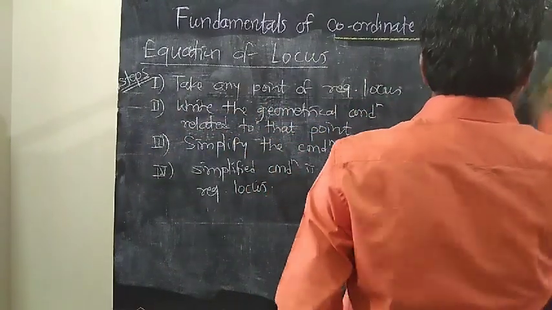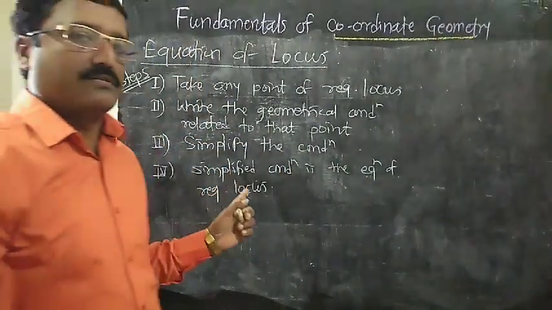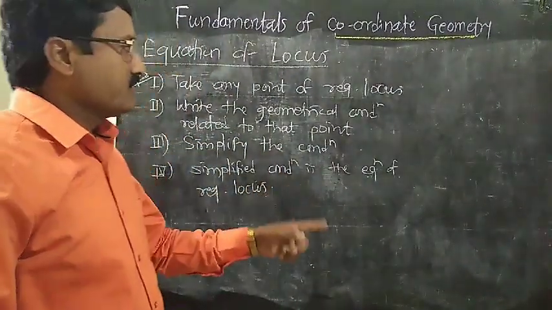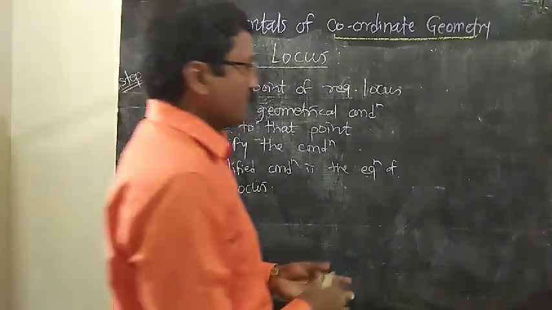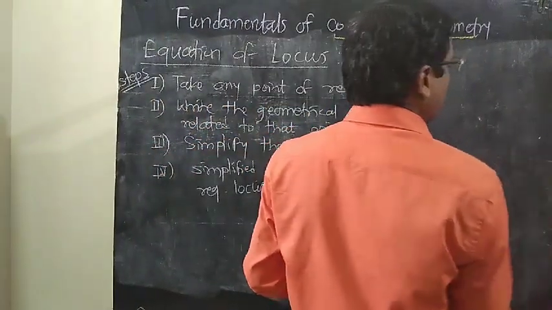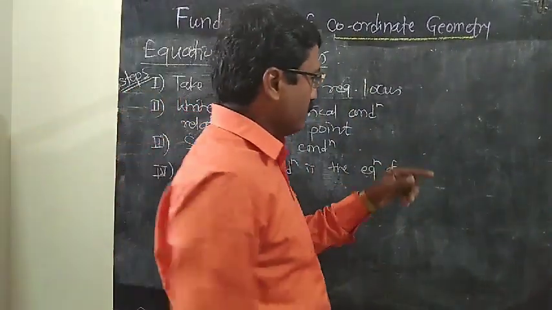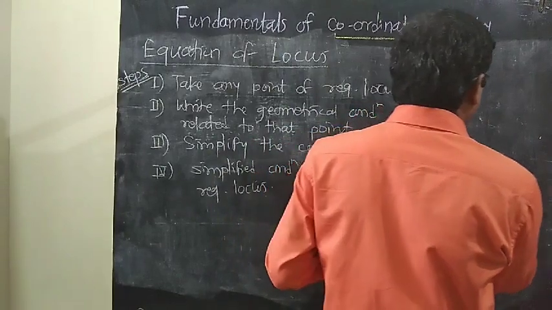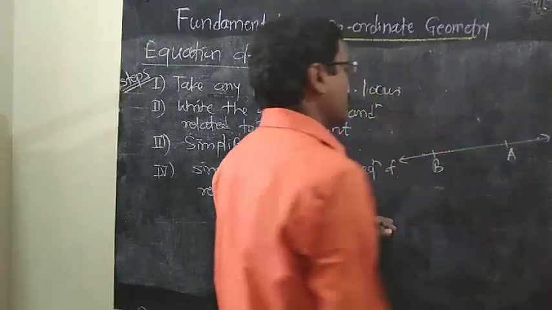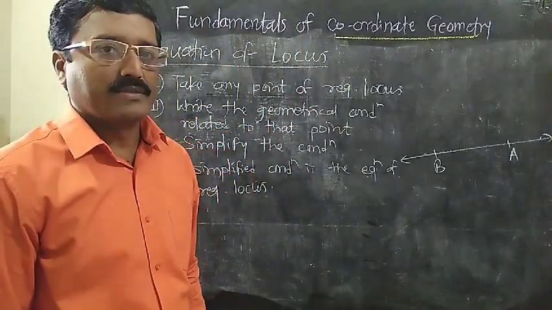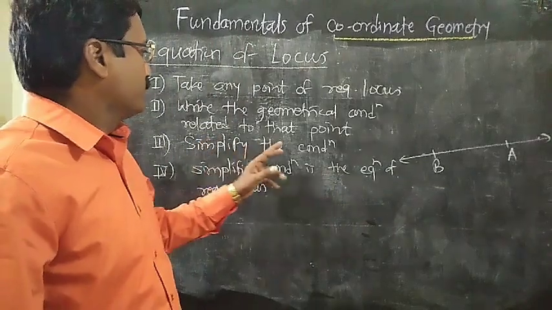Once again, in our previous example we found the equation of a line, and that equation of line is nothing but the equation of a locus, because those 2 points are given and we have found all points which are collinear with these points A and B. That collinearity of points is our geometrical condition.